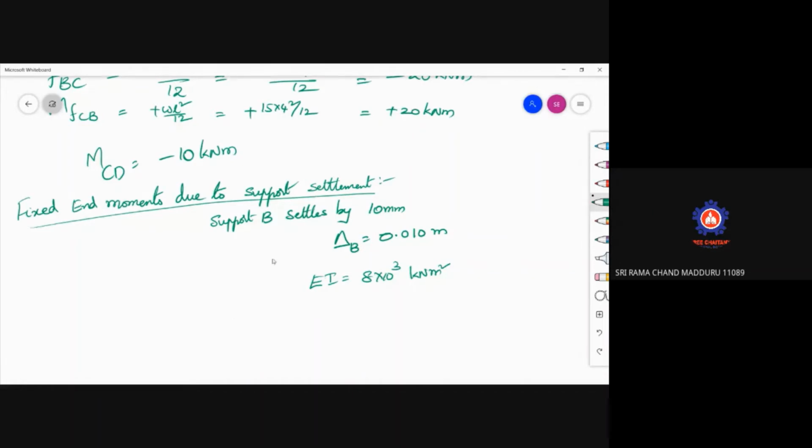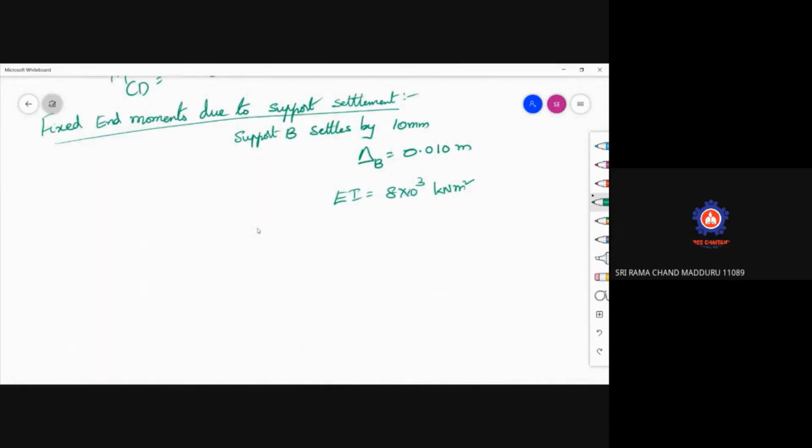Now coming to span AB. First of all, take span AB. In the span AB, this is your span. I am considering this is point A, this is point B. Now what happens here, there is a support settlement, B is settling, and the value is 0.01 meters. So just see this one, this is the direction.